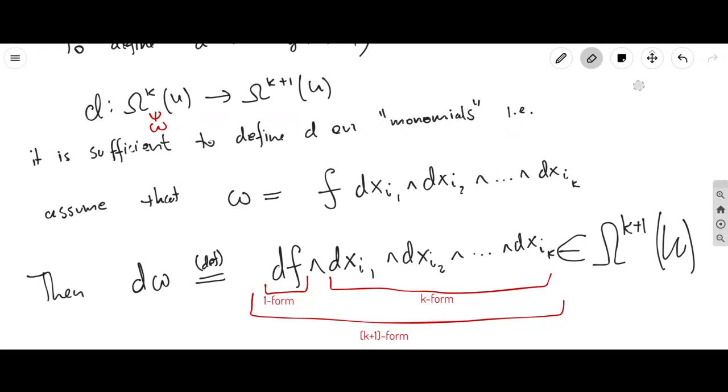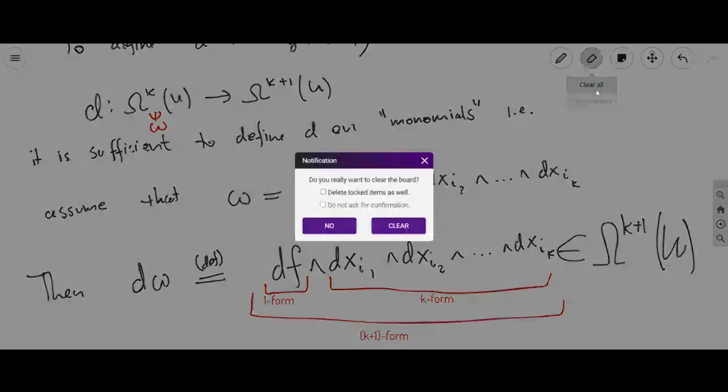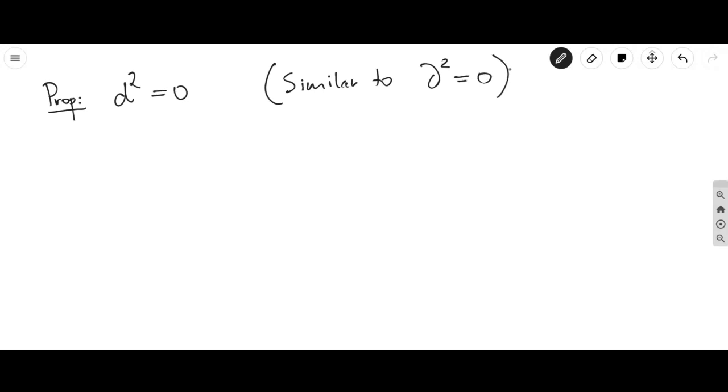Now we have something very interesting that emerges out of this. Here's a proposition: d squared is equal to 0. This should remind you of the other proposition we've seen before, that the boundary operator on chains, when we talked about homology, squares to 0.